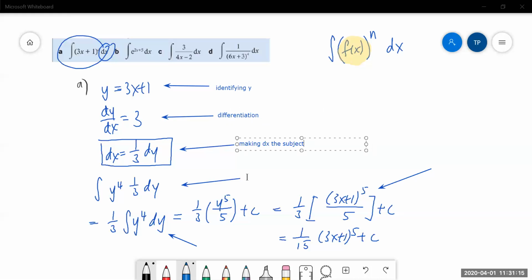Here, you'll be doing your substitution. Over here, you'll be doing your integration. And over here, you got to replace it back. Replacement. Every step is very clear.